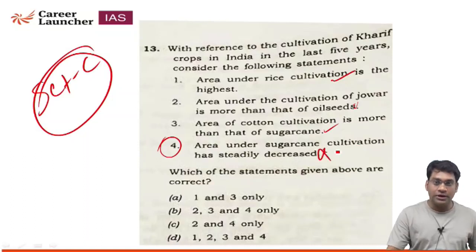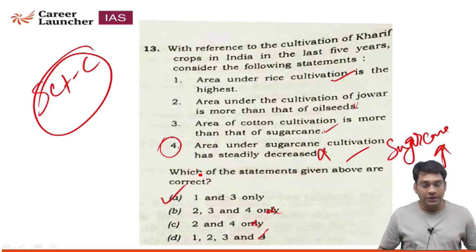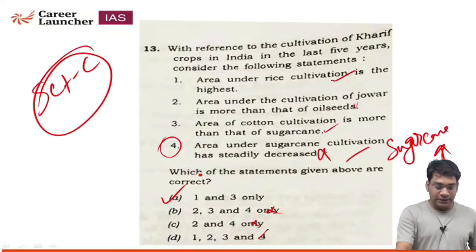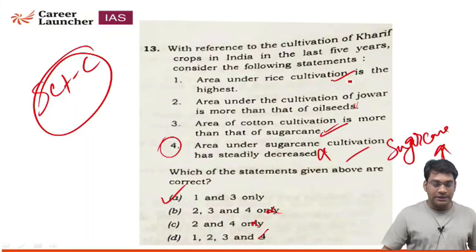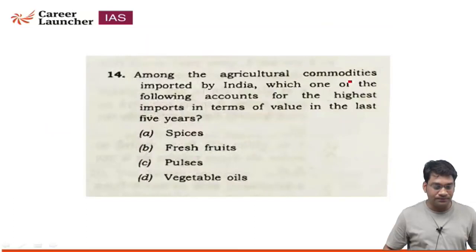That statement is wrong, because the area of sugarcane cultivation has increased. So after eliminating option 4 from the given options, the correct answer will be A, that is 1 and 3. Means the area of cotton cultivation is more than sugarcane, and the area under rice cultivation is the highest in India. Now move to the second question.